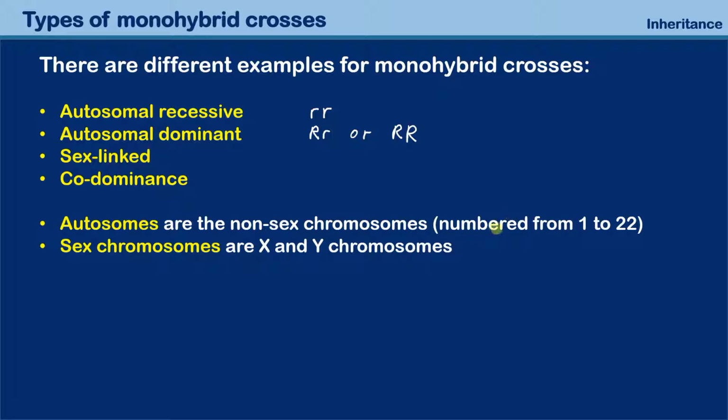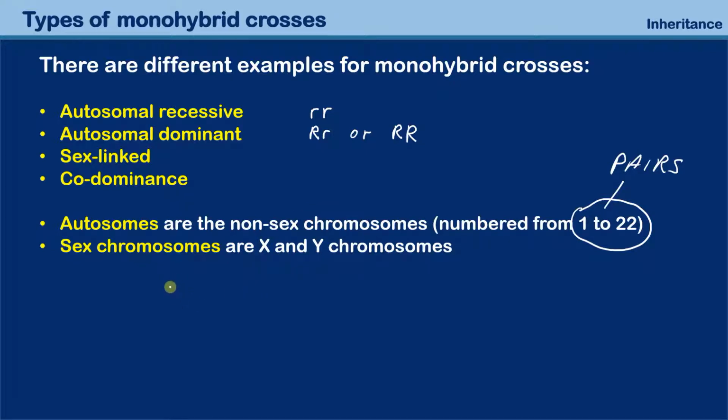Now, how does this work if there are 46 chromosomes? The chromosomes 1 to 22 are always in pairs. So there is 2 times the number 1 chromosome, 2 times the number 2, and so on. So 22 times 2 makes 44 chromosomes. And then there is our X and Y chromosomes.